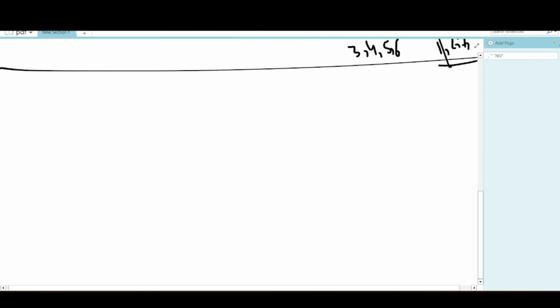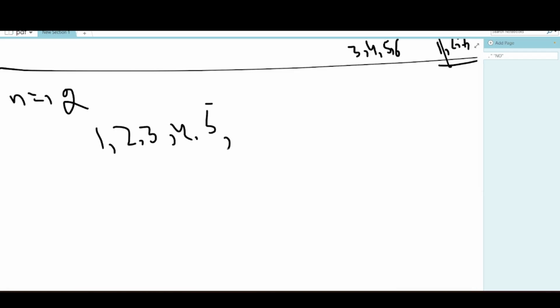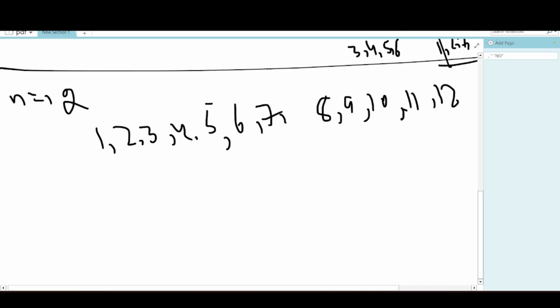Let us take another test case for more clarity. For example, if n equals 12, the range becomes 1, 2, 3, 4, 5, 6, 7, 8, 9, 10, 11 and 12. Since it is 12, the middle n by 2 means the middle 6 elements.